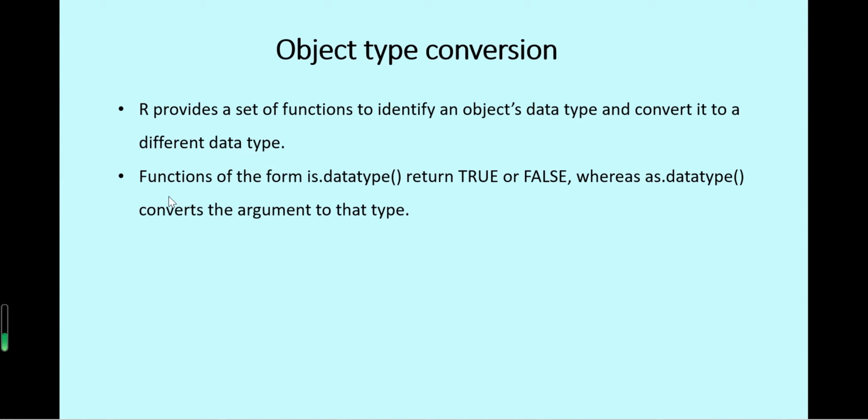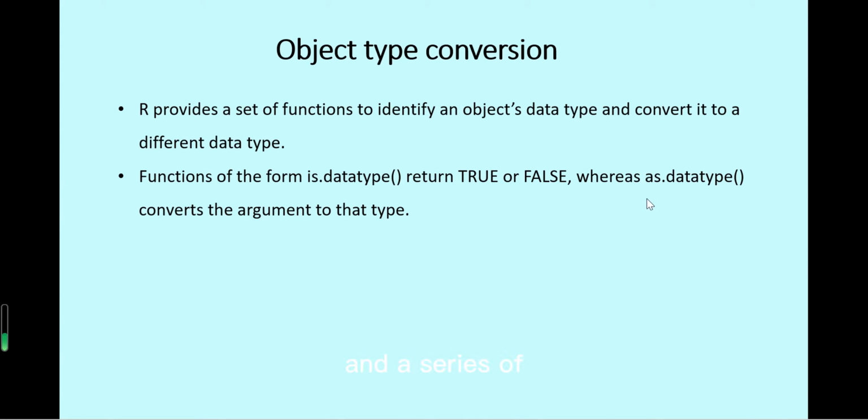Functions of the form is.datatype will return true or false, so these functions can be used to test which data type a variable or object is.